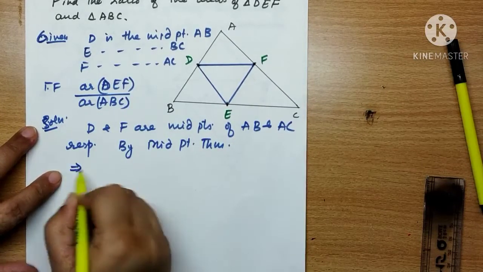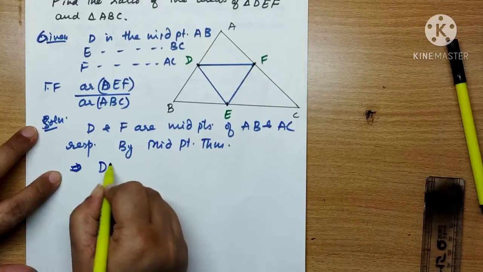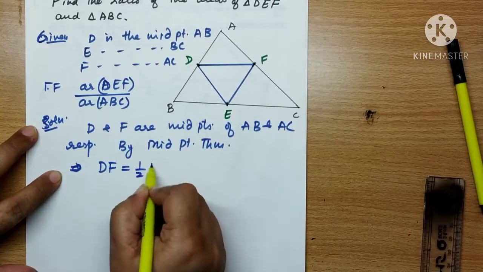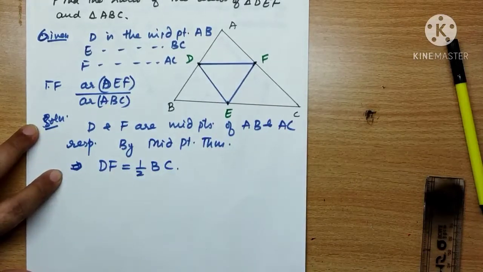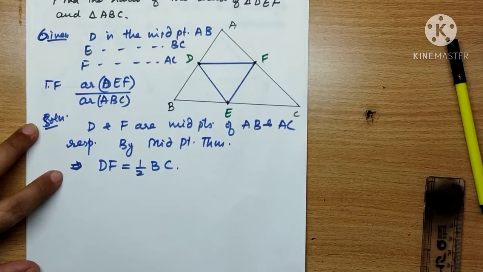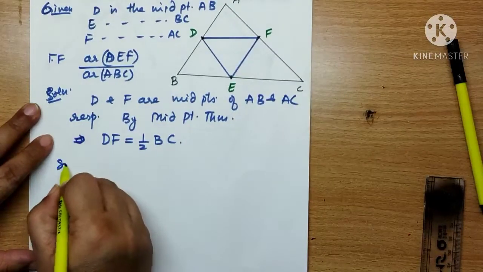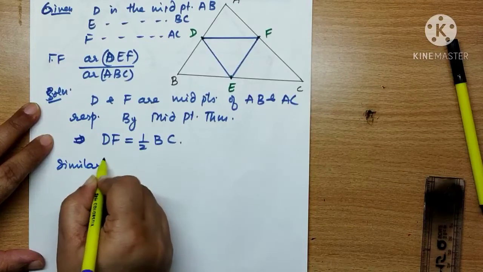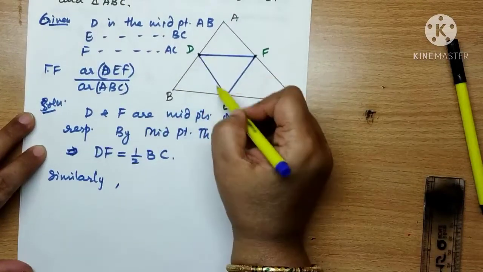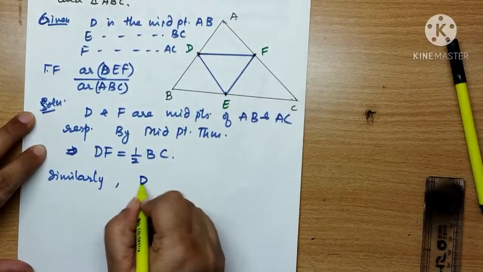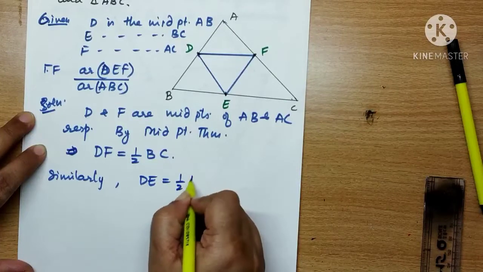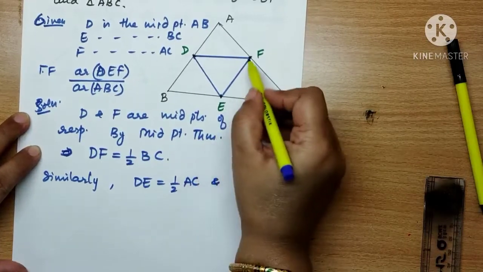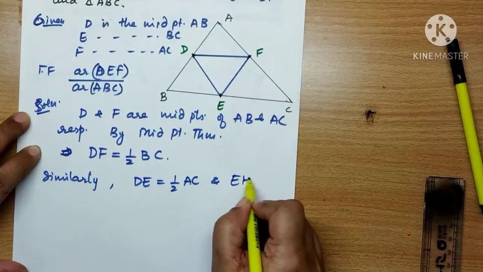So do we get by the midpoint theorem DF is half of BC? Yes. Similarly, we will get DE as half of AC, and EF as half of AB.